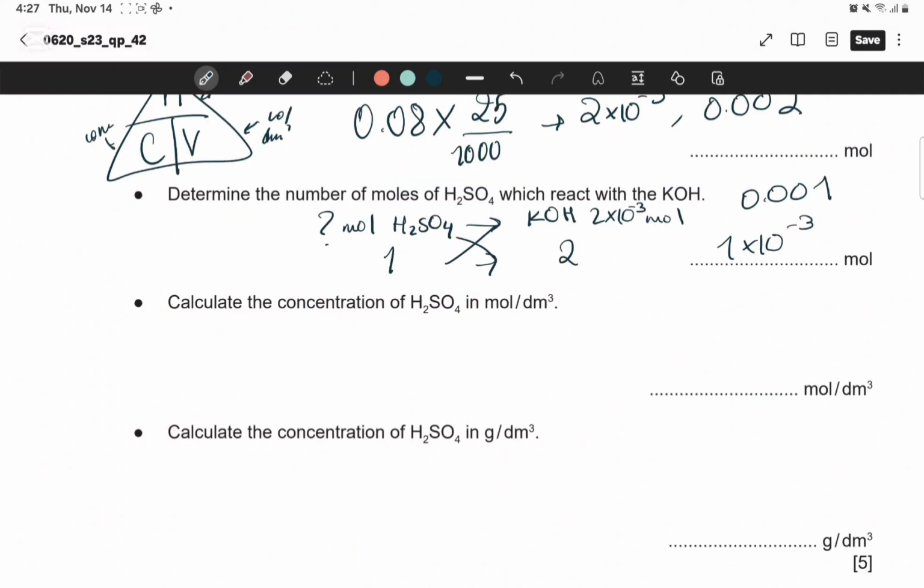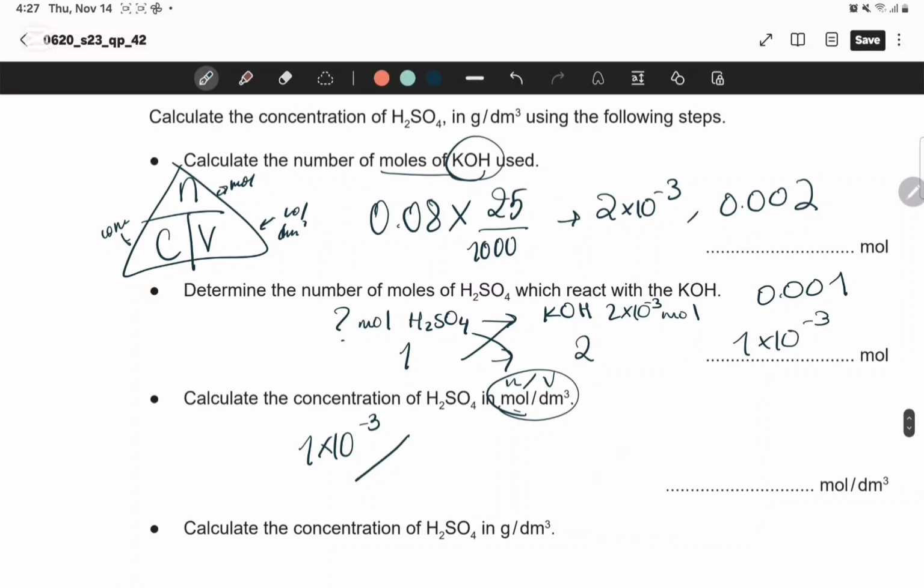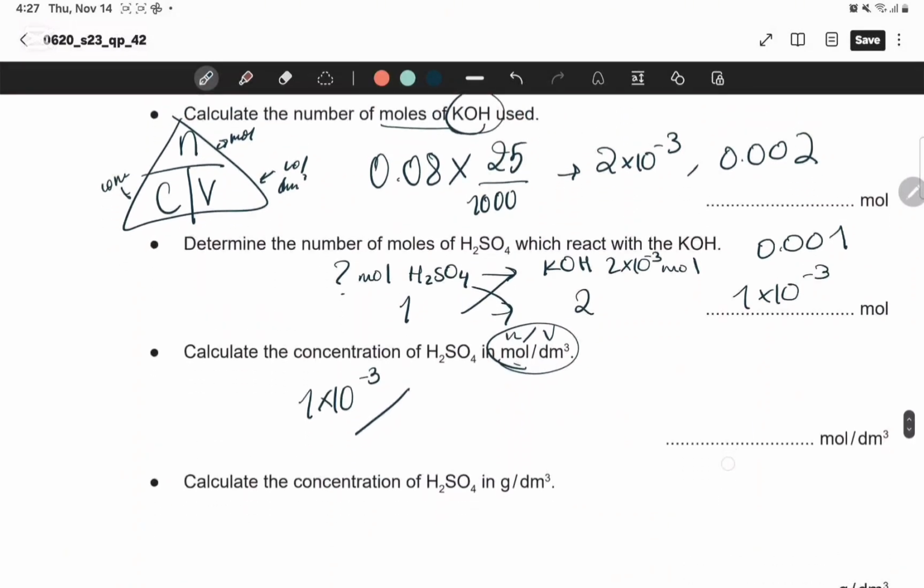Now calculate the concentration of H2SO4 in moles per decimeter cubed. First you're going to find the moles of H2SO4, which we already found in the other question, so 1 times 10 to the power of negative 3, divided by the volume in decimeters cubed. You can just copy the pyramid, N over V, or follow the formula, same thing.